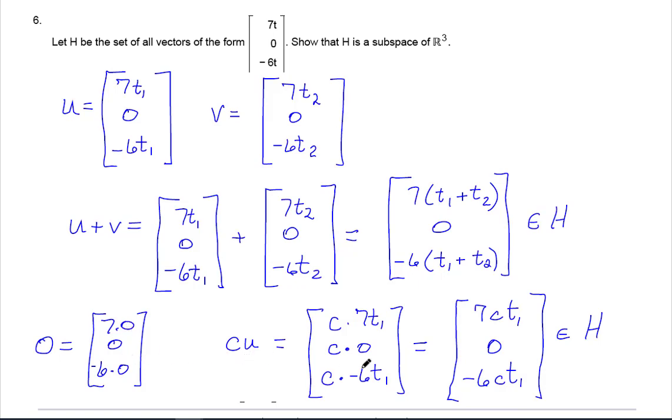Scalar multiples, yep, that's still in there as well. So you could physically check to see that if you do take something of that form, it will still be in there, so it is closed under the operations of addition and scalar multiplication.